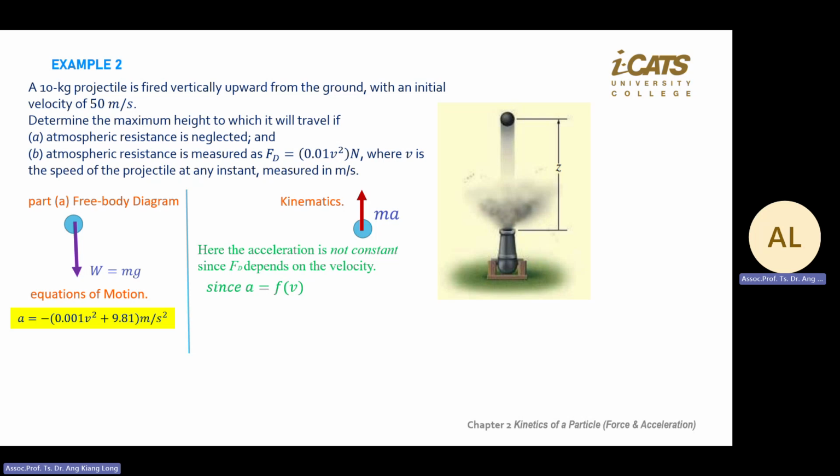Can you recall what is the definition of velocity and acceleration? Velocity is ds/dt, the acceleration definition A equal to dv/dt. And one more, there's one equation: a ds equal to v dv.